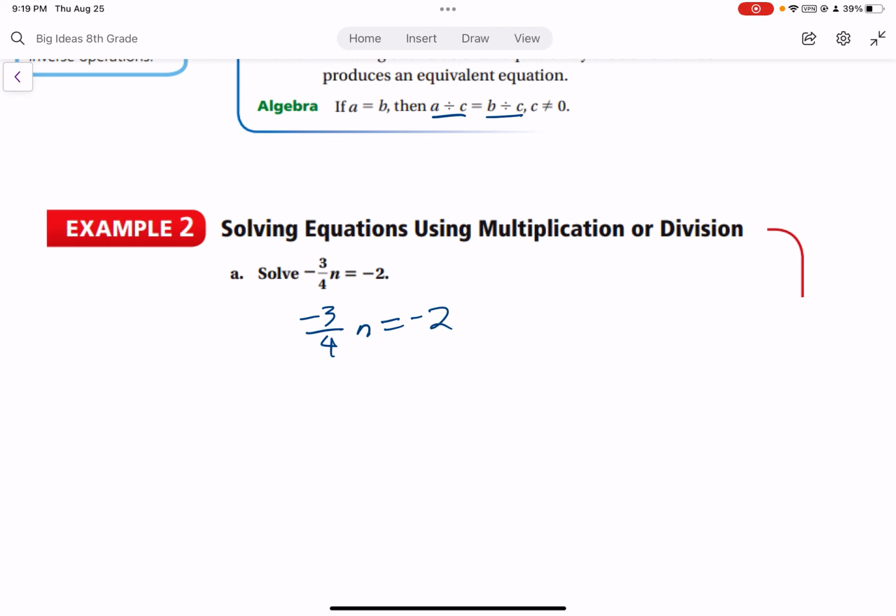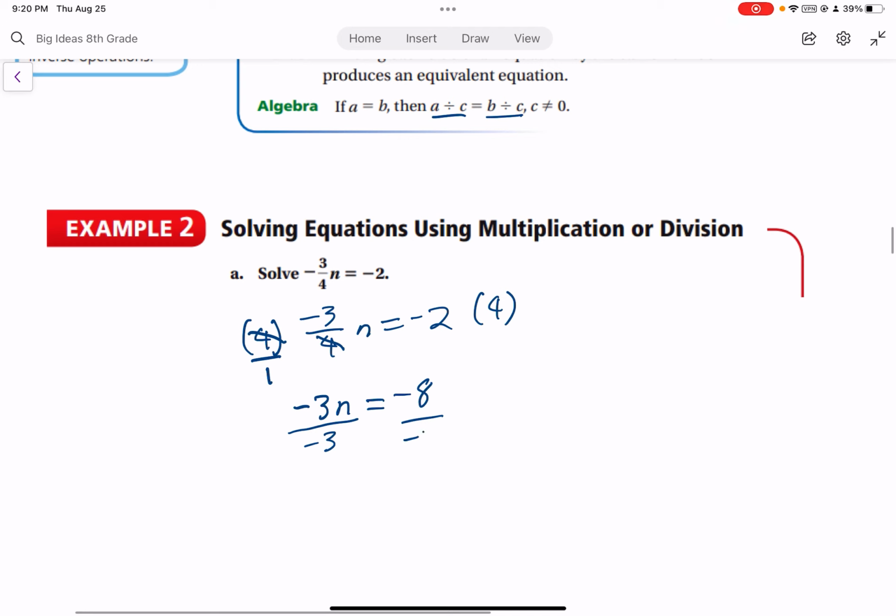Well, to undo division, I'm going to do multiplication. So I'm going to multiply both sides by 4, because 4 over 1 would mean I can cancel this out. So then I have negative 3 times n equals negative 8. Okay? Well, now I have a negative 3 times n. Well, now, if it's multiplication, I need to undo that with division.